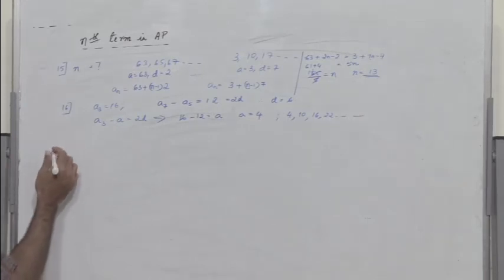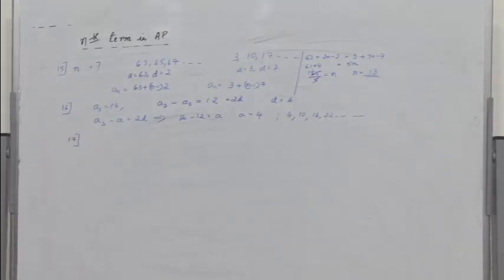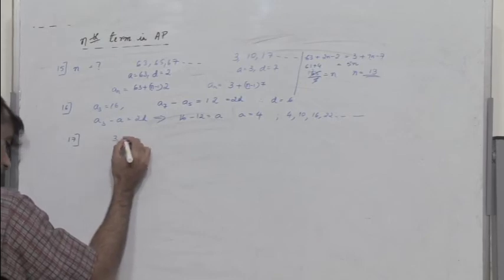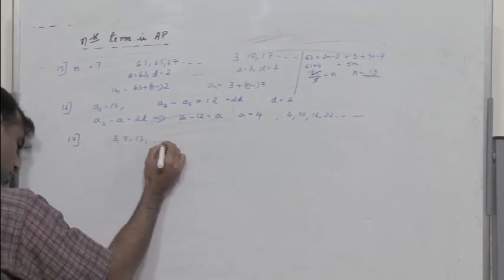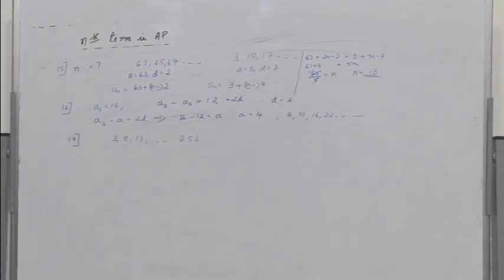Next problem 17. Find the 20th term from the last of the arithmetic progression 3, 8, 13 and so on, where the last term is 253. So from here I need to find the 20th term.